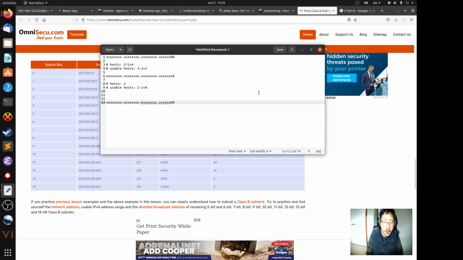Okay. Do you want me to go through it? Well, if you borrow 8 plus 6, which is 14, the total number of hosts is 4 as above, but usable hosts are minus 2, so it's 2.